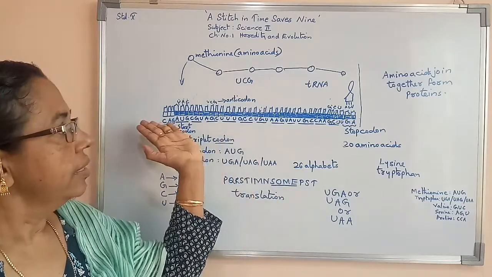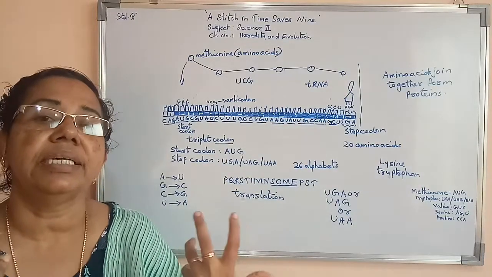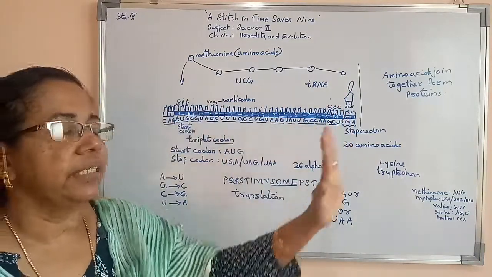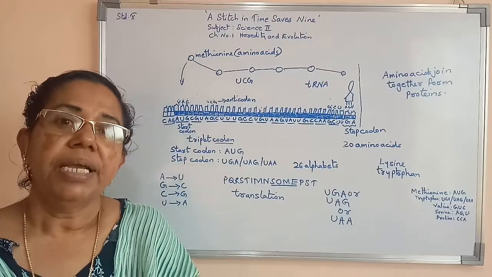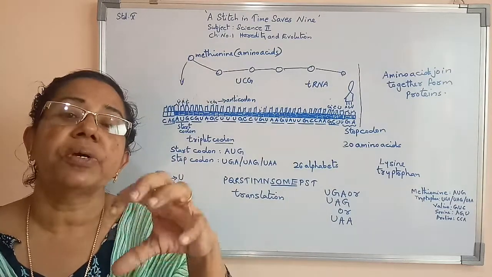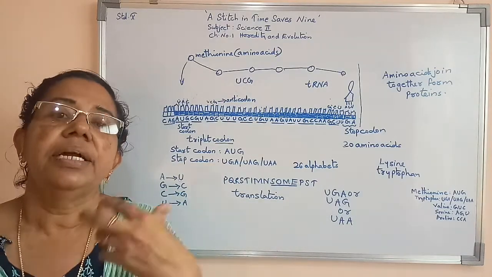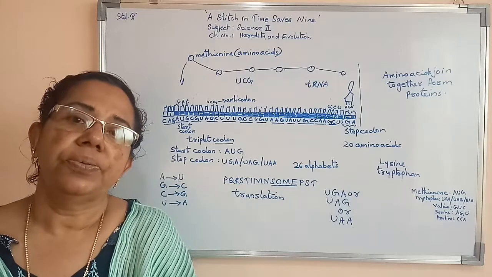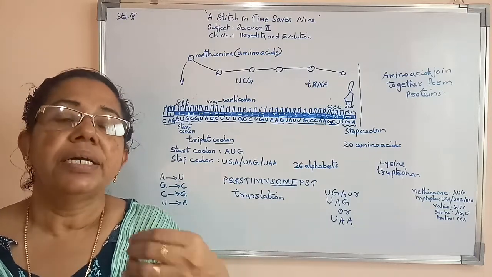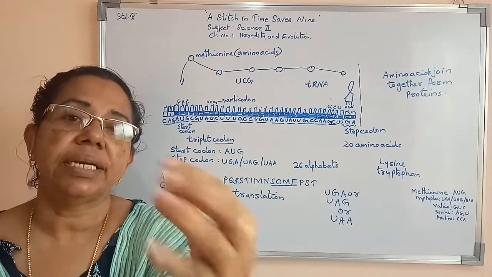As and when protein synthesis is completed, this messenger RNA disappears. As and when a new protein is required, DNA will again produce a new RNA, that is, a new messenger RNA.